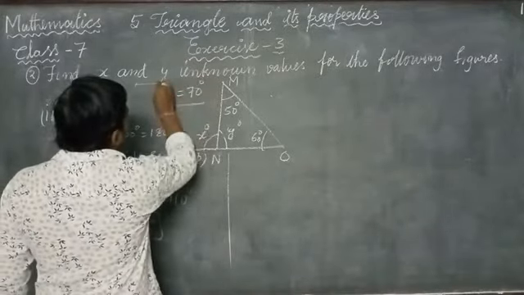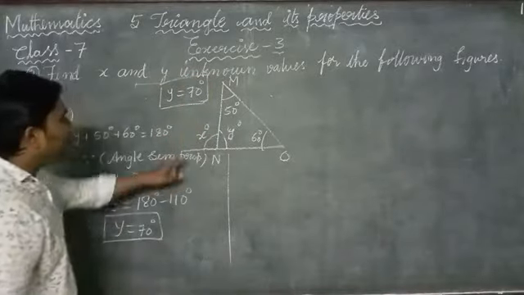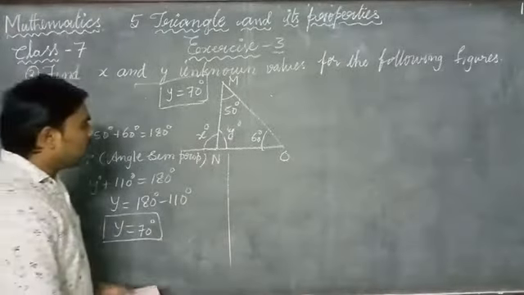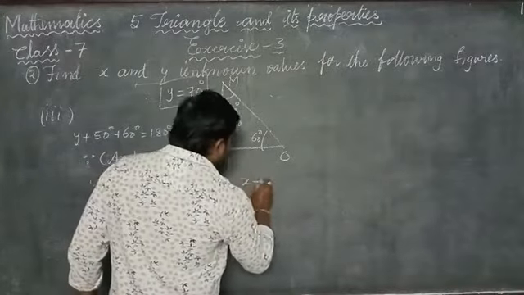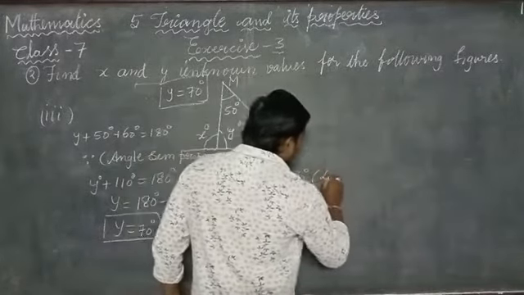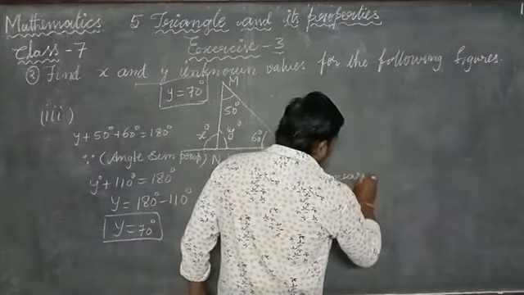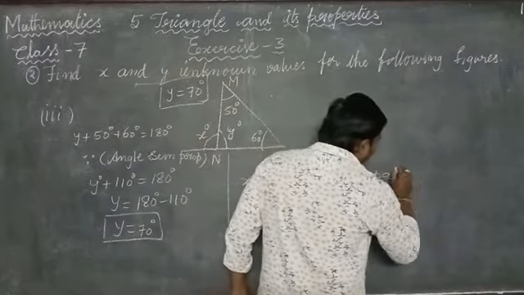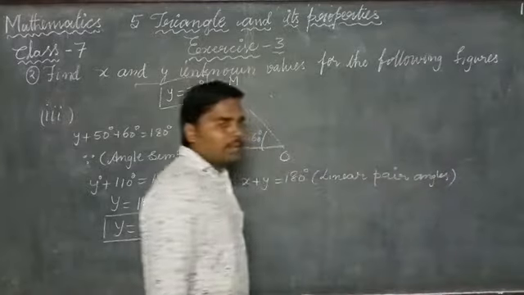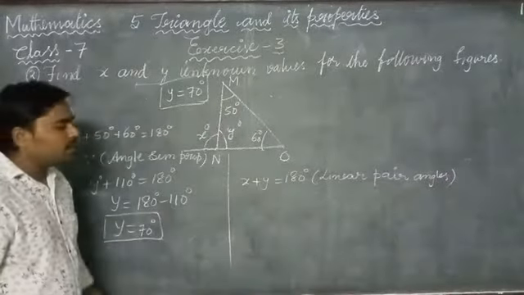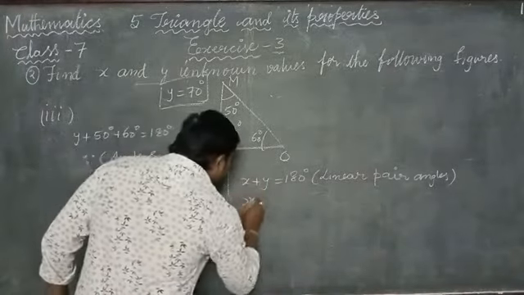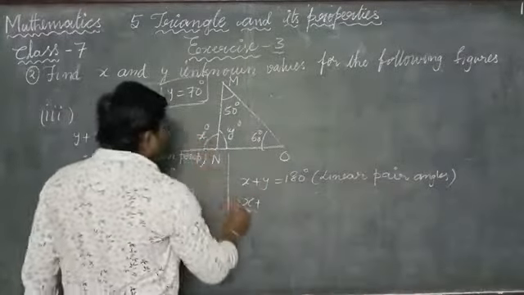After finding the y value, now we have to find x. Here x and y are both a linear pair of angles. Then x plus y equals 180 degrees from the linear pair of angles. Linear pair angles always form 180 degrees as their sum. Here y is 70 degrees.